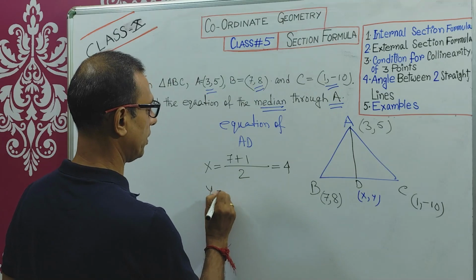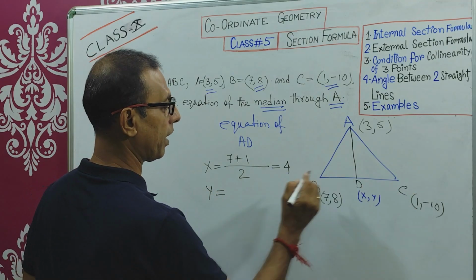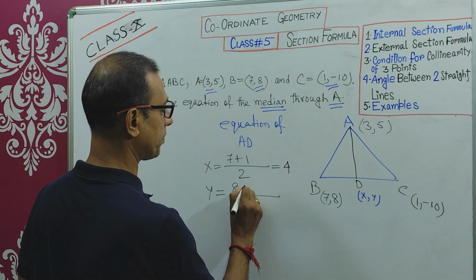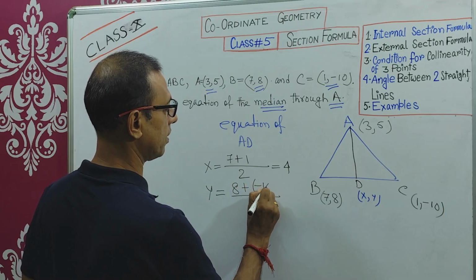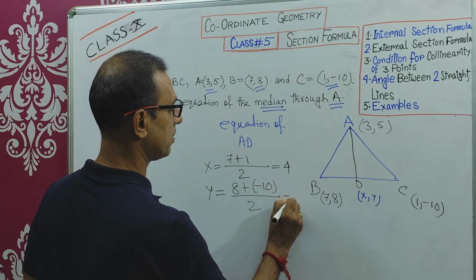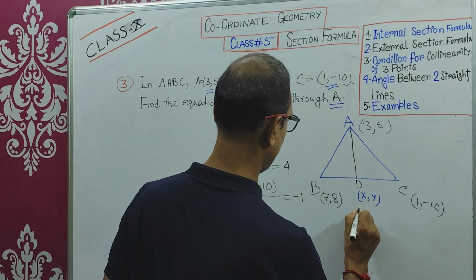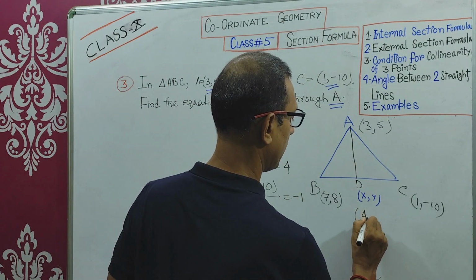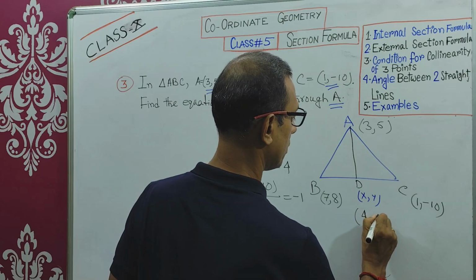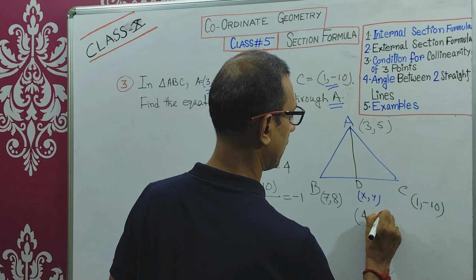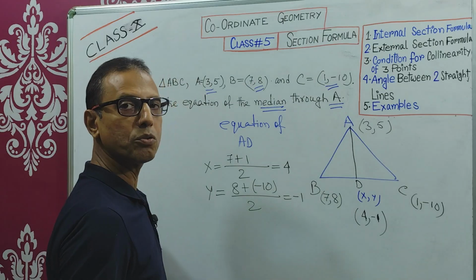And what is the coordinate y? It is 8 plus minus 10 by 2, that means it is minus 1. So this point coordinate is 4, minus 1. Now, do I need to do anything else?